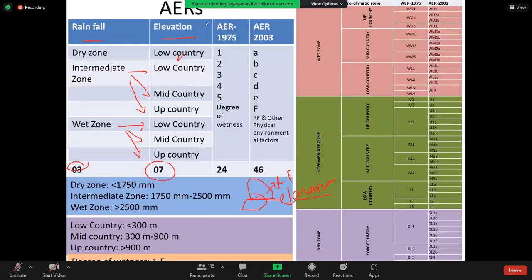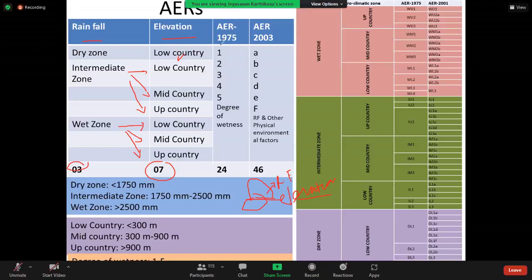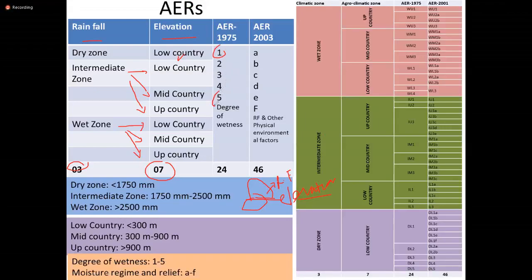You can see here the degree of wetness symbolized as 1, 2, 3, 4, 5, up to 5. You may think that 5 is the highest value, so the degree of wetness is high, but no. The 1 is the highest degree of wetness.